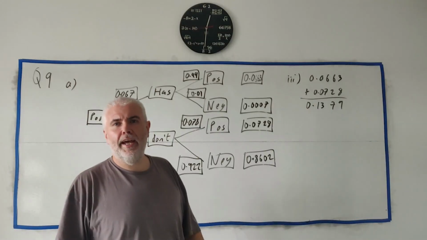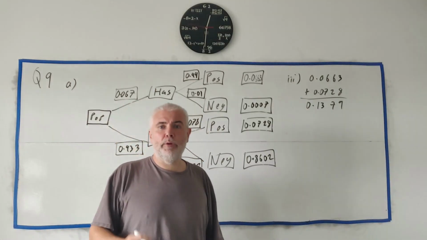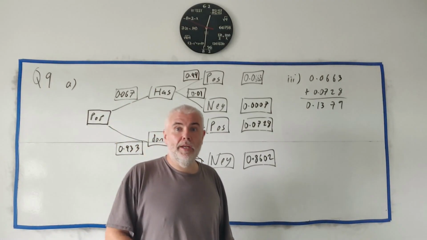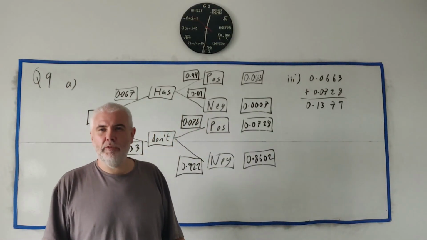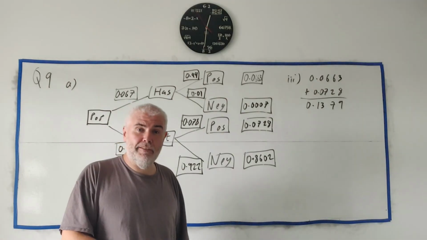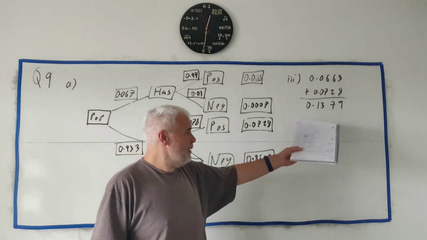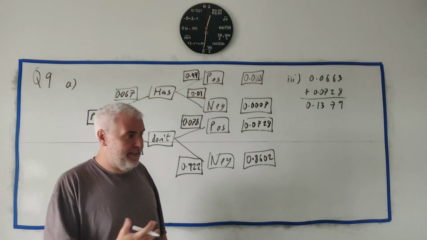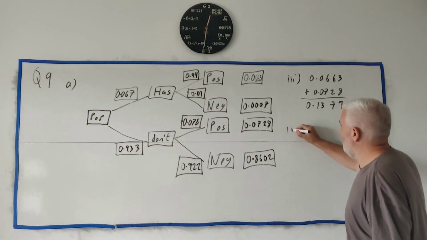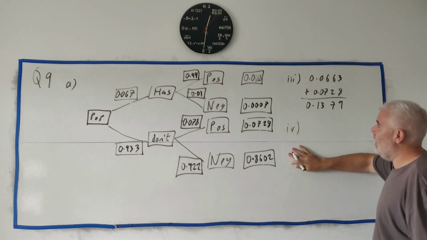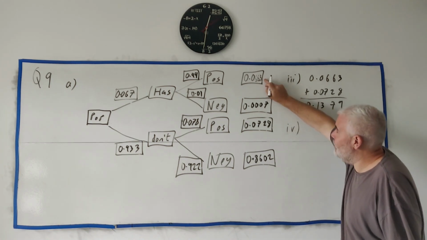Part 4 then asks, the person picked at random does test positive for diabetes. Find out the probability that they actually have diabetes. So we have people that tested positive. What's the chances they actually have it? So let's work that out. The people who actually have diabetes are these people here.